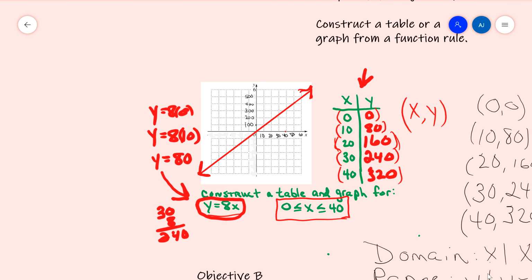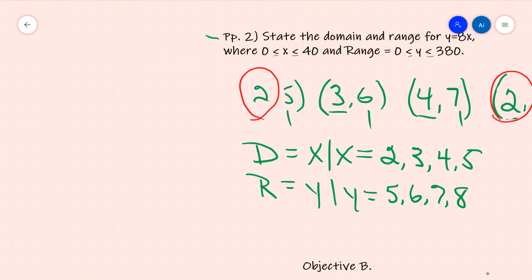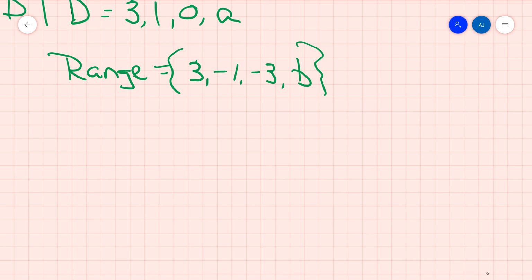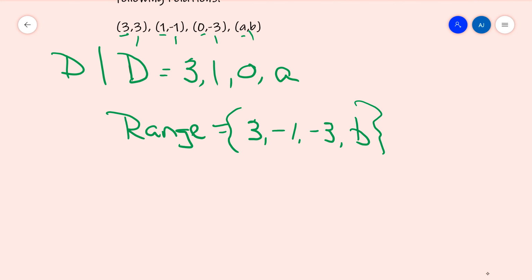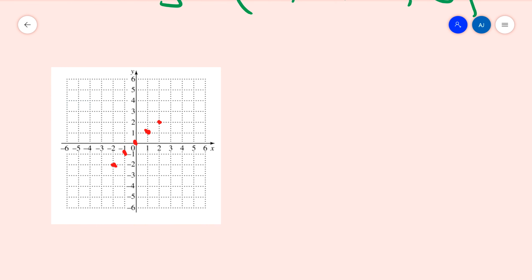Let me take the values that we're dealing with. Okay, on page 165, practice problem 3B, they're showing you a graph similar to what I've got, and they want us to write the domain and the range.